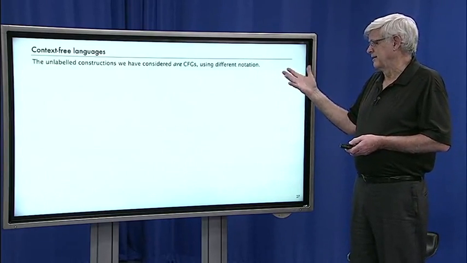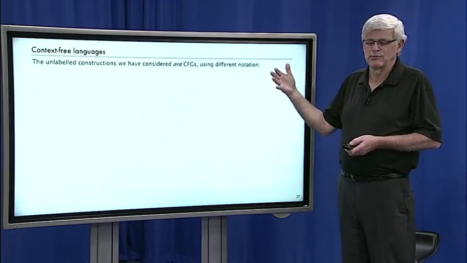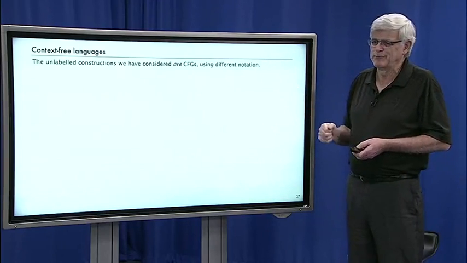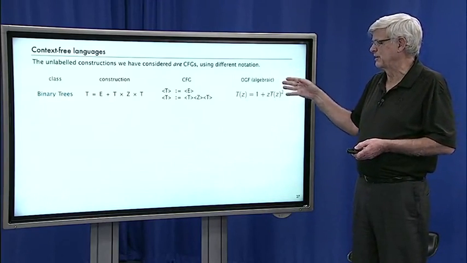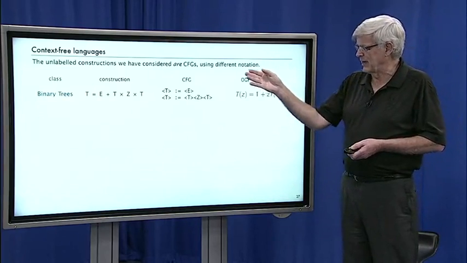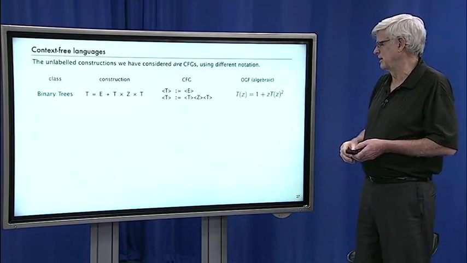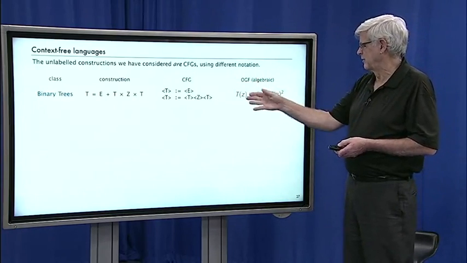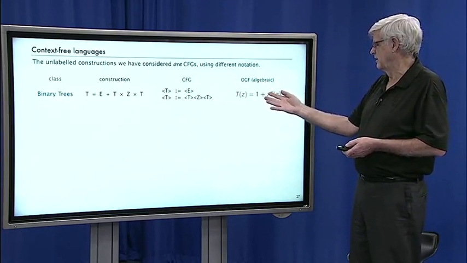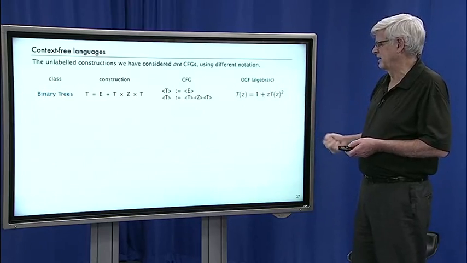Now, actually the constructions that we've considered are all unambiguous context-free grammars, just using different notation. So that's binary trees, but this is binary trees as a context-free grammar. And so then the OGF is going to satisfy an equation like that.